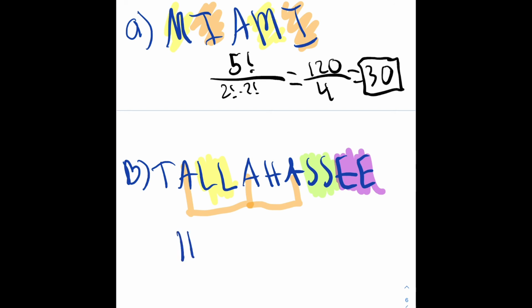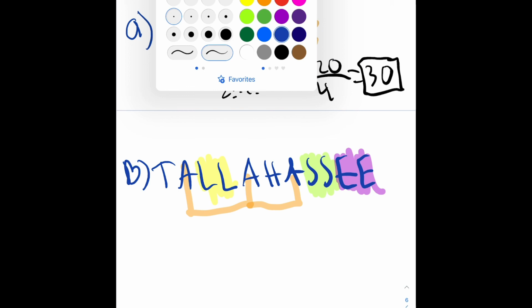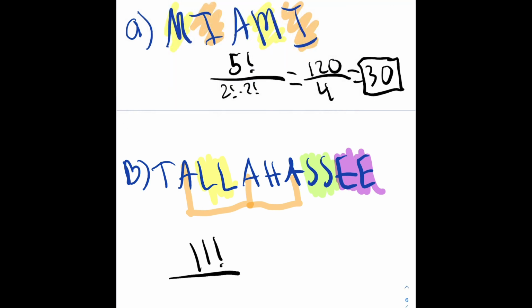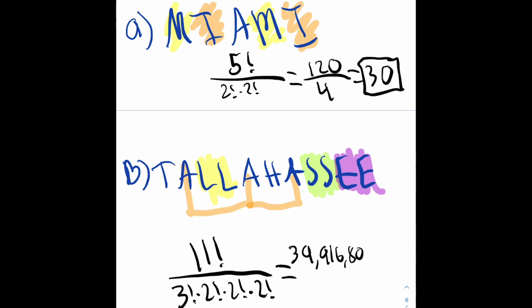So again, I'm going to use my formula. I have a total of 11 letters, and I know that A repeats 3 times, L repeats twice, S repeats twice, and E repeats twice. So this gives me 39,916,800 on the top.